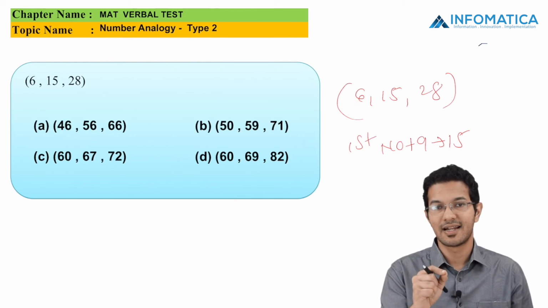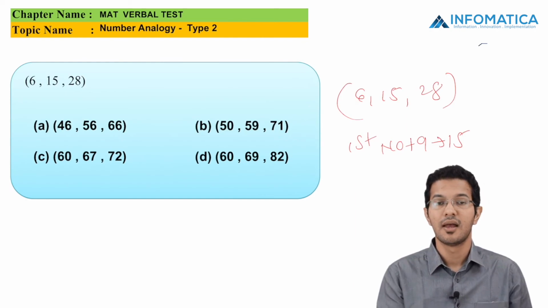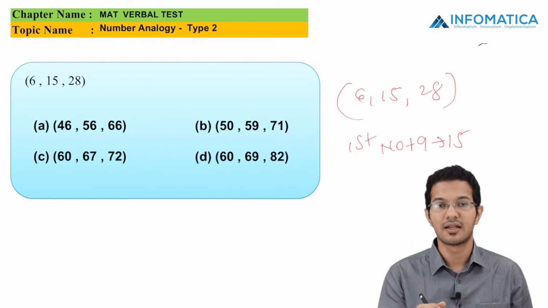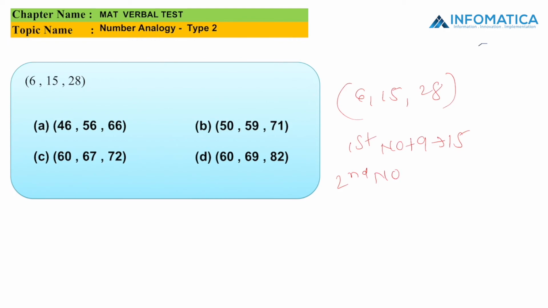Now let me take the second number and the third number, which is 15 and 28. If I add 13 to 15, I'm getting the answer to be as 28. So the pattern is first number plus 9, then second number plus 13.